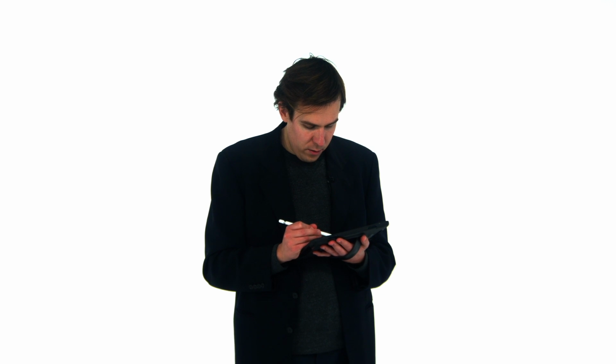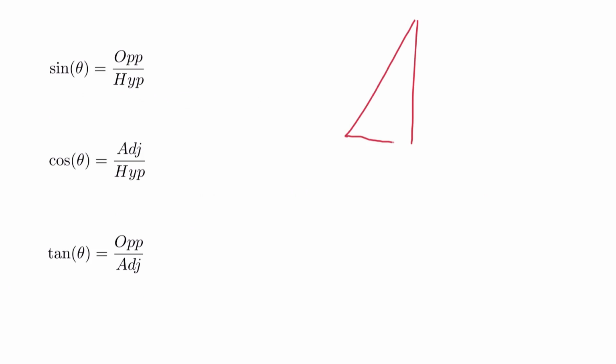So with this labeling of the sides of the triangle, we can now define the major trigonometric functions. Let me redraw the triangle here. Adjacent, hypotenuse.